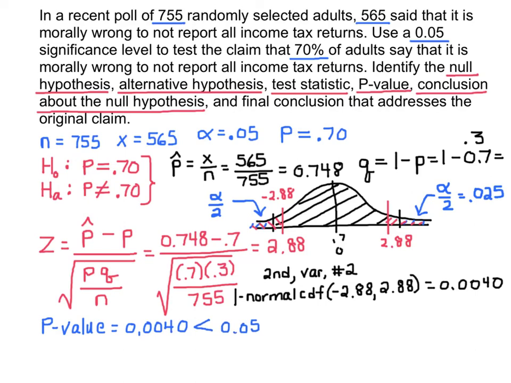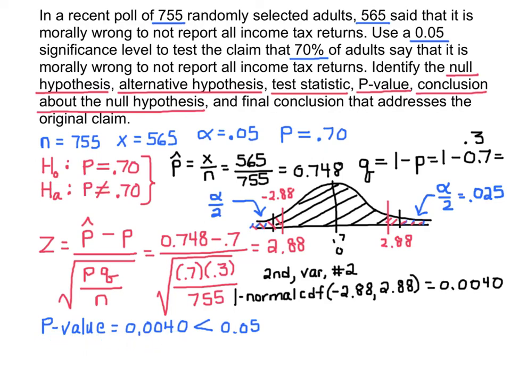If the p-value is less than or equal to the level of significance in a two-tailed test, we reject the null hypothesis and conclude that there is sufficient evidence to warrant rejection of the claim. So since this is the case, we do reject the null hypothesis because the p-value is less than 0.05.